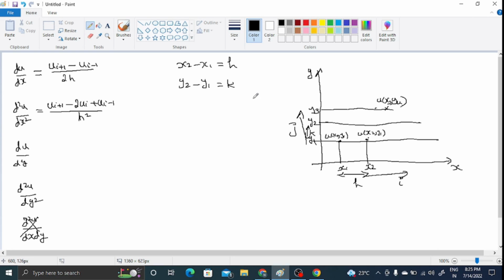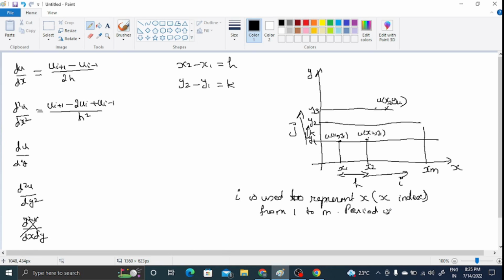Please note, i is used to represent the x index, and it is from 1 to m. The first one is x1 and the last value is xm, and the period of x is h.